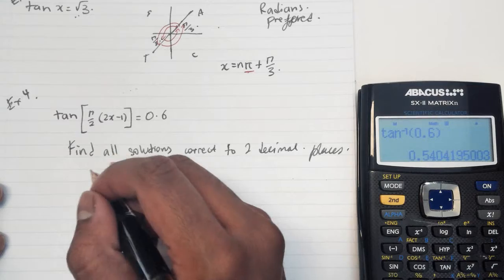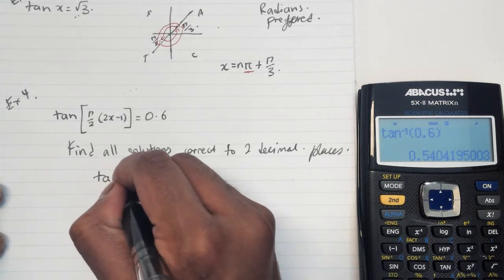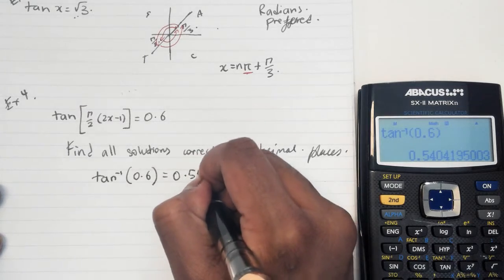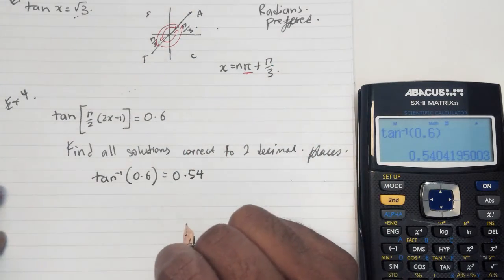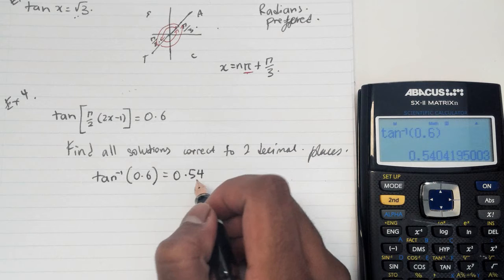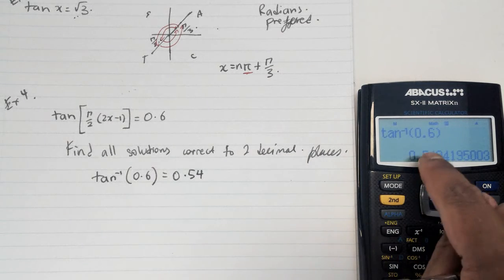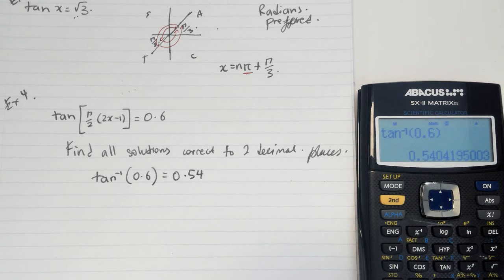So I've done tan inverse 0.6, and that's 0.54. Now I don't really want to round until the very end, so I'm going to leave that there so I can use it as my answer later on.